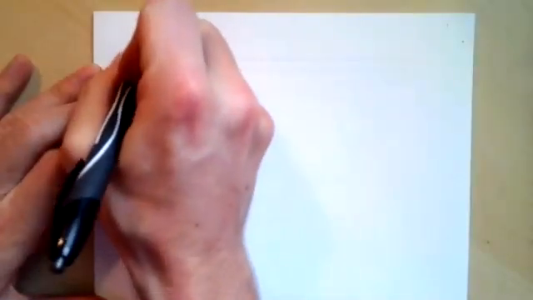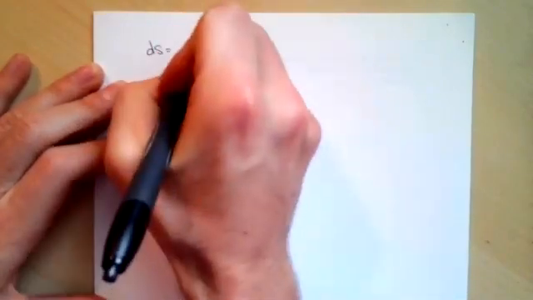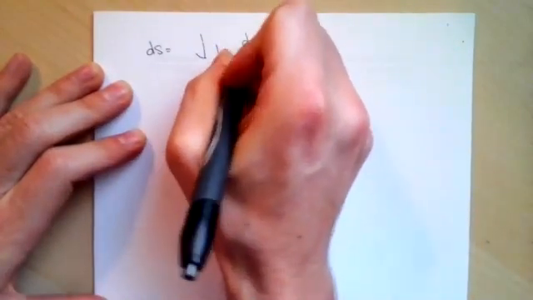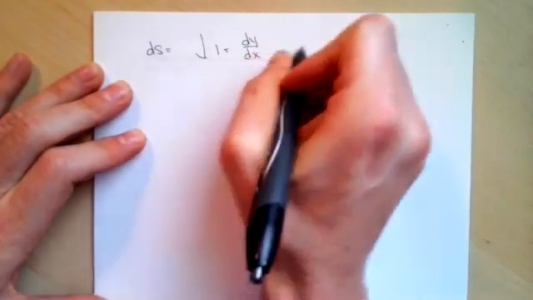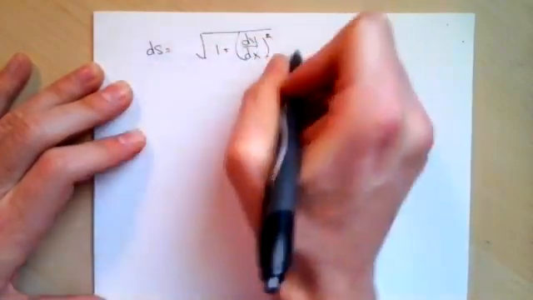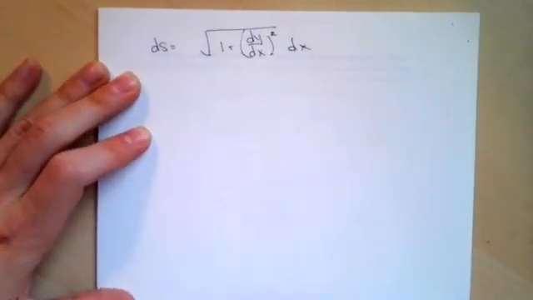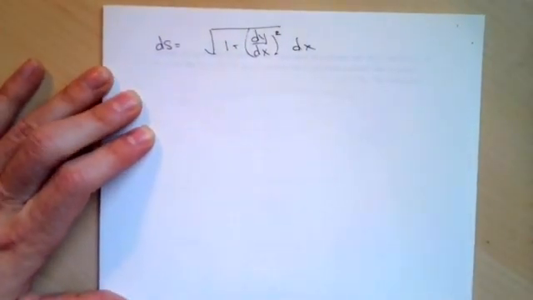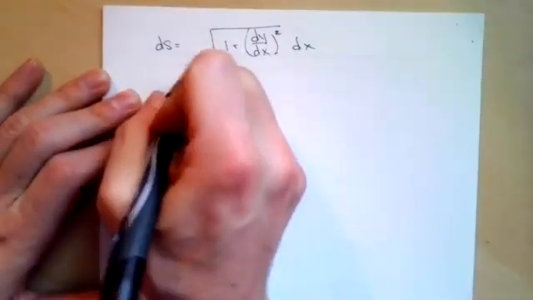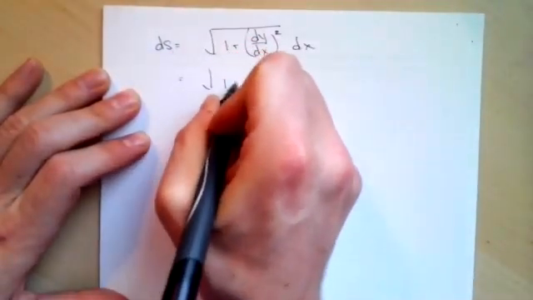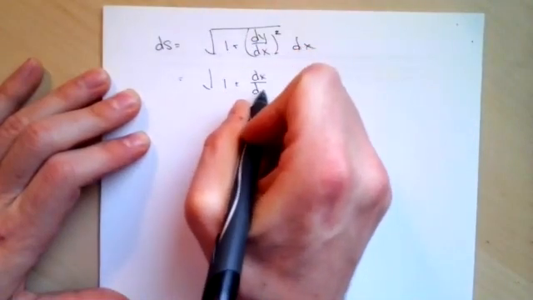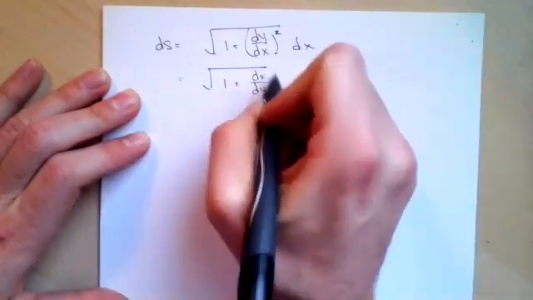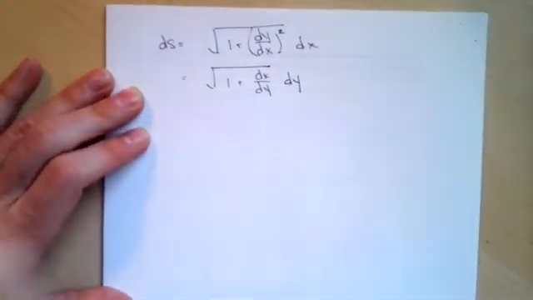Namely, we saw that our ds is the square root of 1 plus dy/dx squared, dx. Or conversely, we could have also solved this for the square root of 1 plus dx/dy squared, dy.